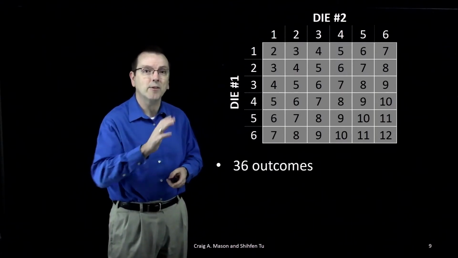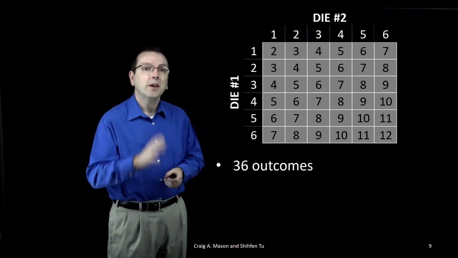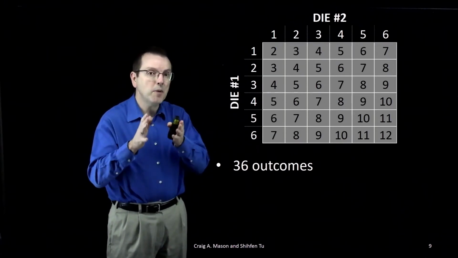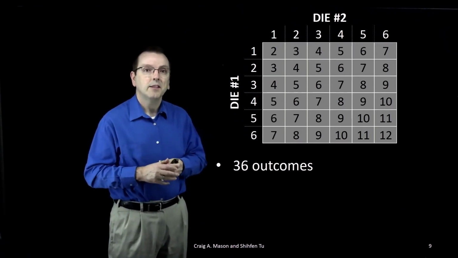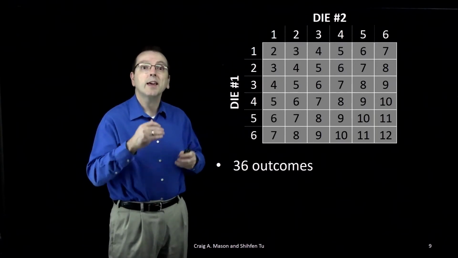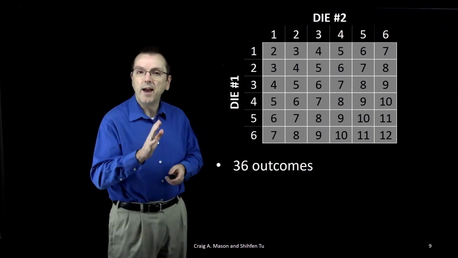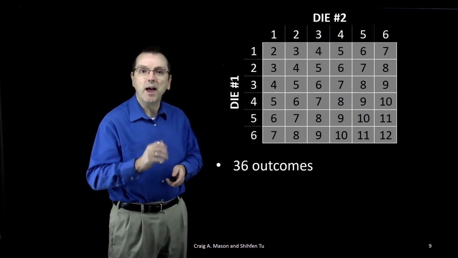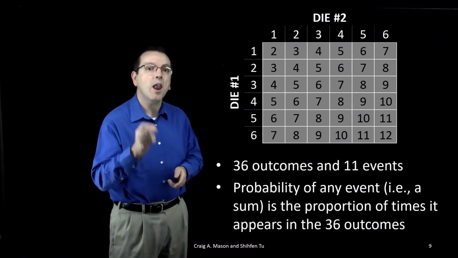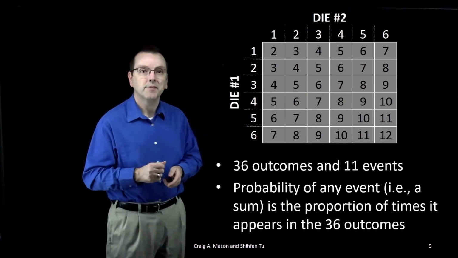36 possible outcomes. Now, if I'm interested in the sum of the 2 dice, then those sums are the events in which I'm interested. So while we have 36 possible outcomes, we have 11 different events.